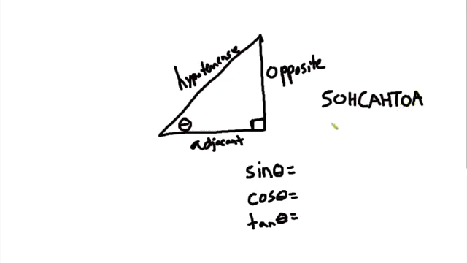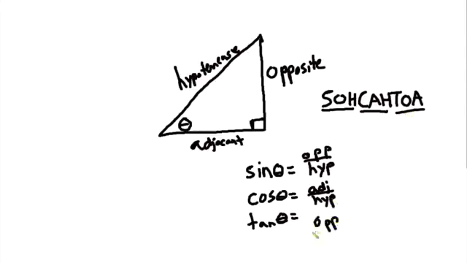This is the definition of sine, this is the definition of cosine, and this is the definition of tangent. Sine is opposite over hypotenuse. Cosine is adjacent over hypotenuse. And tangent is opposite over adjacent. The easiest way to keep these straight is to remember SOHCAHTOA.